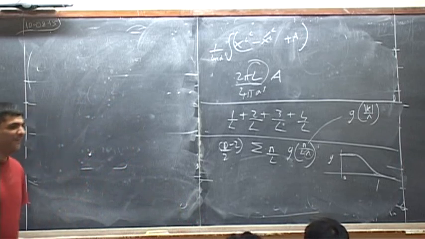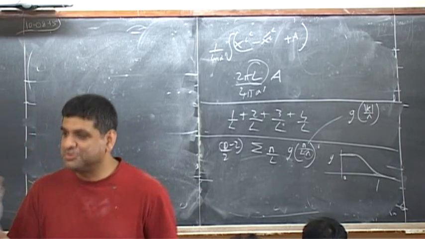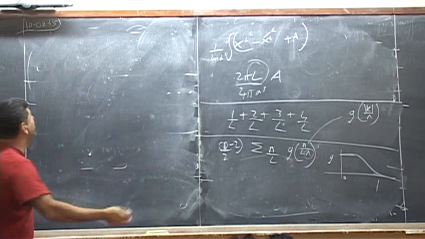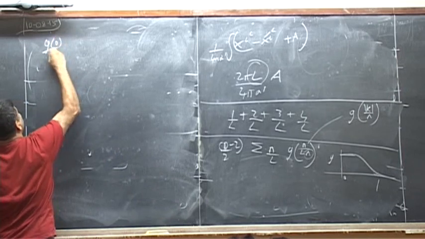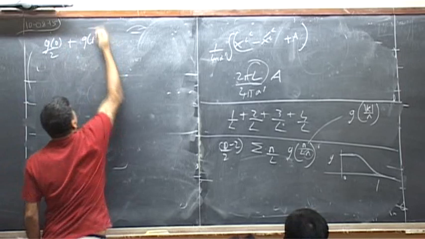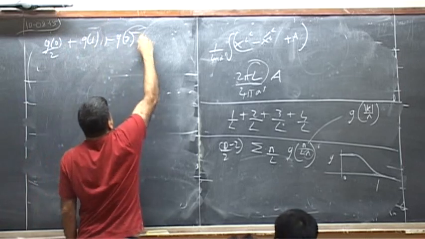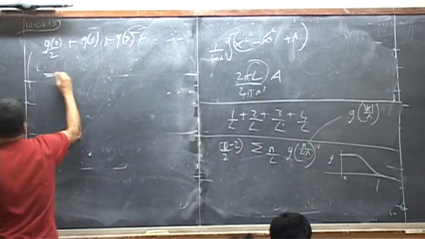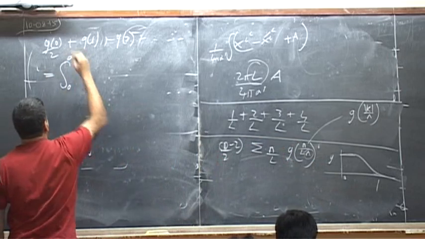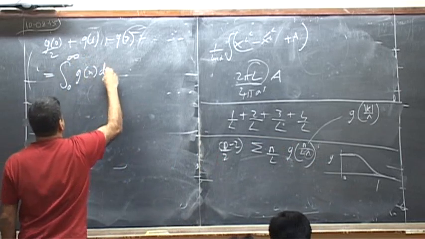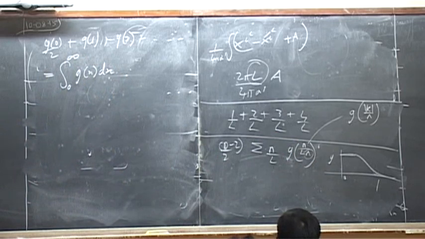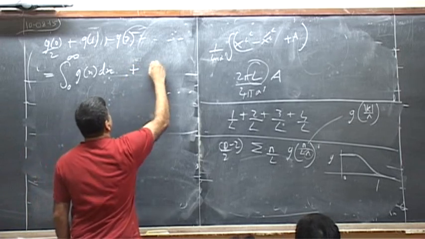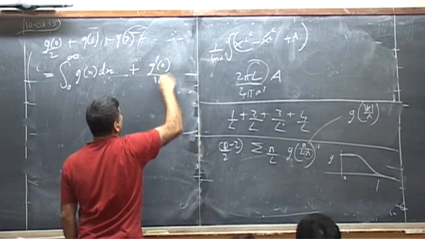It allows you to evaluate sums in terms of integrals. The formula is that if you've got a function and you take g of 0 by 2 plus g of 1 plus g of 2 plus so on, this is equal to the integral from 0 to infinity of g of x, plus g prime of 0 by 12.